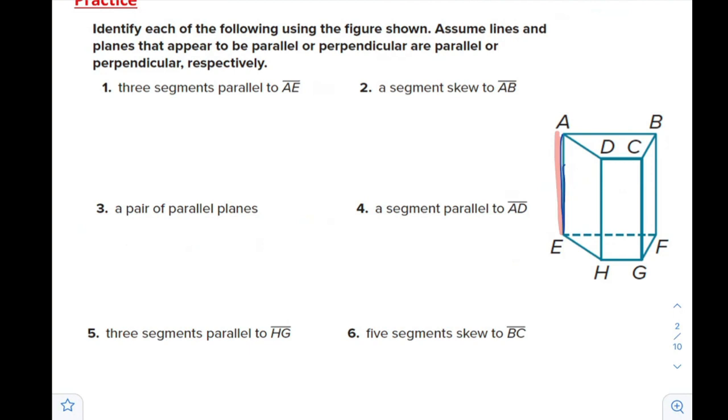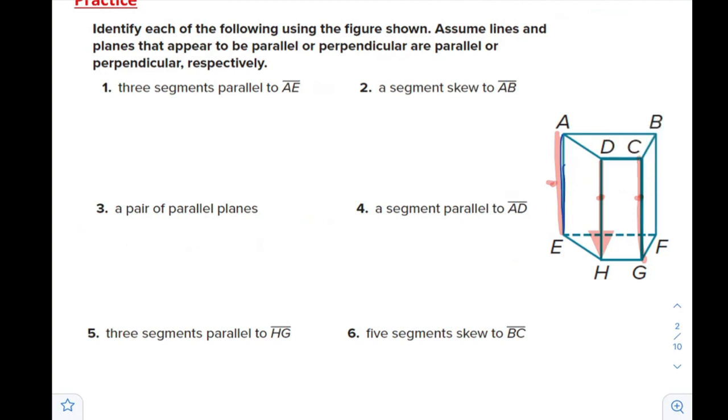Okay, what are the segments parallel to AE? Let's see. We have here DH, which is definitely parallel to that one. Also CG, because AE is parallel to DC, and DH is parallel to CG, so by the transitive property AE is parallel to CG.